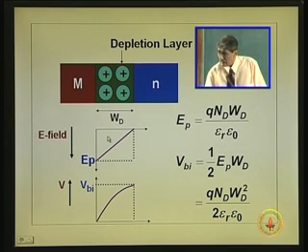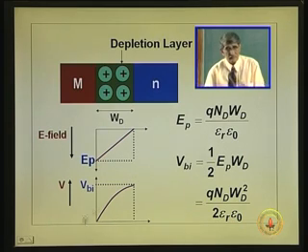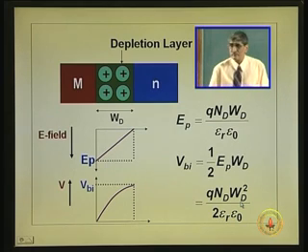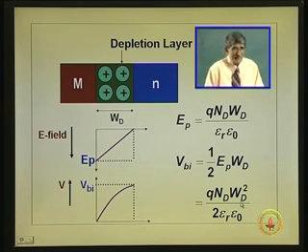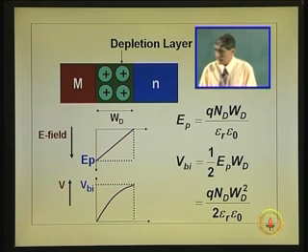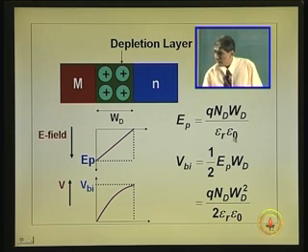Okay. That turns out to be, and the plot of that of course is square law. It is like this, the integral of that linear function, that is what I plotted here. So, this voltage VBI, that is actually equal to this quantity. This is a well known formula for a fully depleted region: Q ND into WD squared divided by twice epsilon r epsilon 0, which actually is half of this into WD.